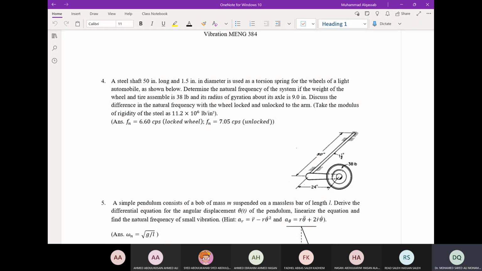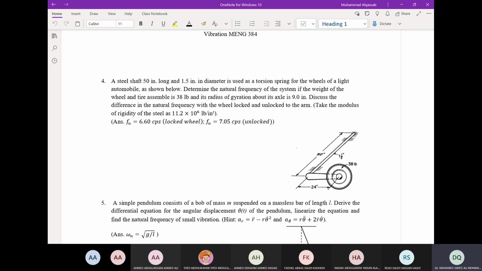and a wheel. A steel shaft 50 inch long and 1.5 inch in diameter is used as a torsion spring for the wheels of a light automobile as shown below.